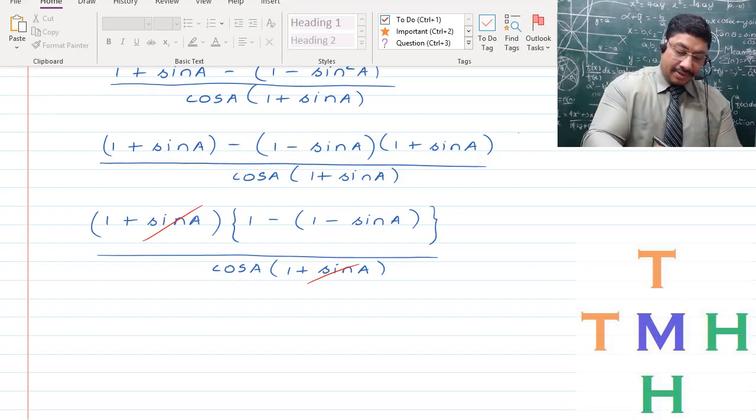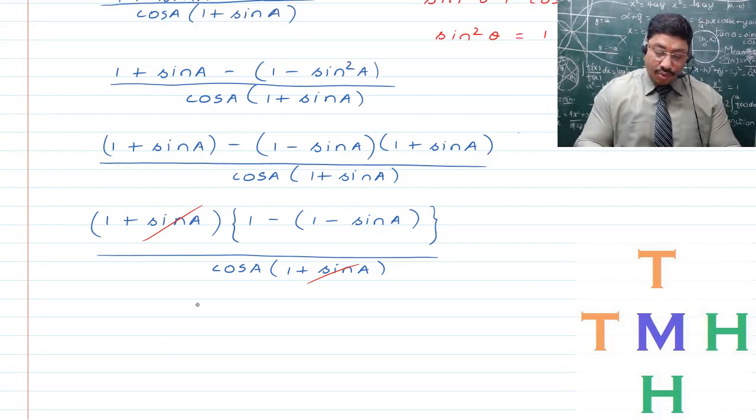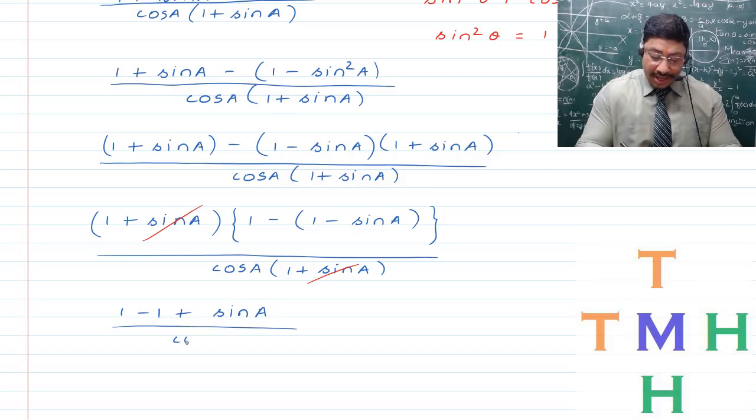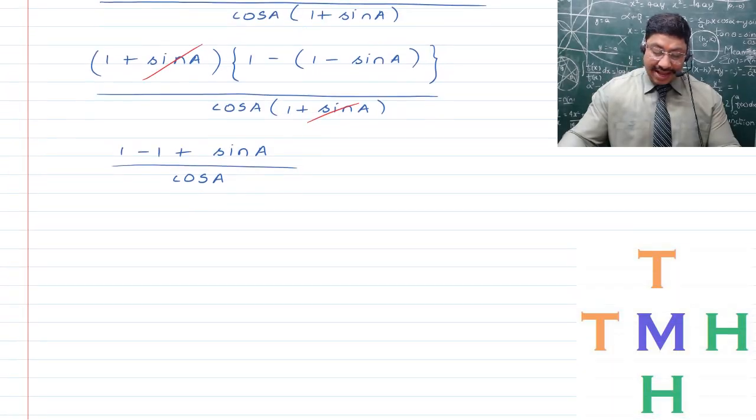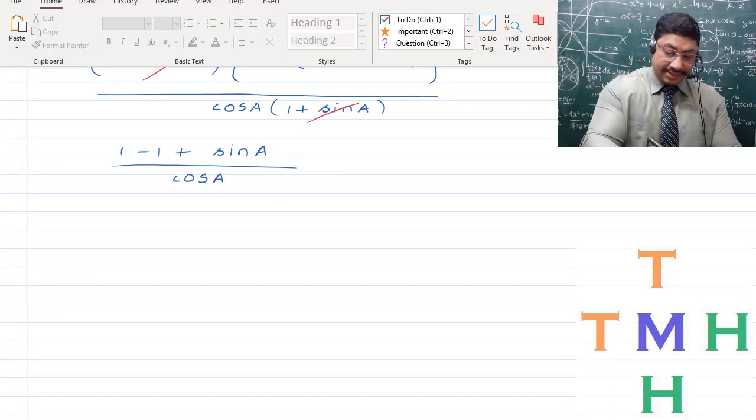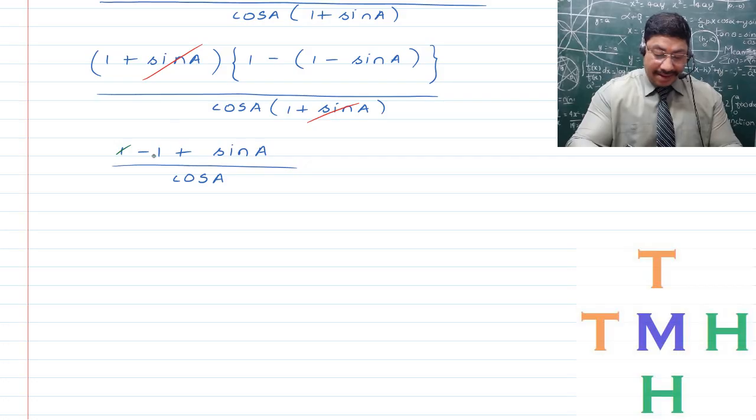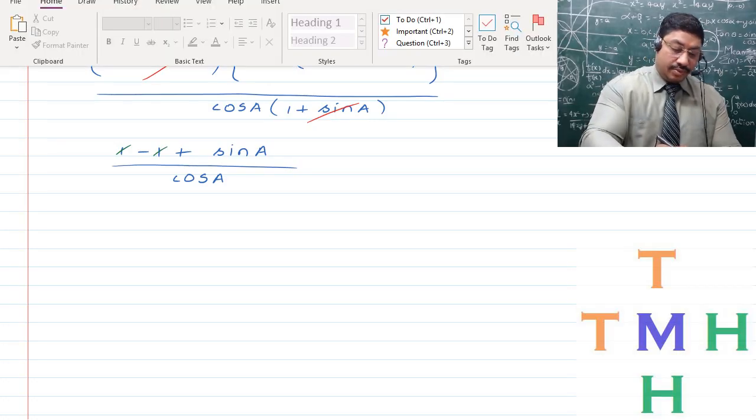Similarly, in the next step, we can even cancel off the ones, like we did in the last step, that is the left hand side. So we have 1 minus 1, and on multiplying the minus sign inside, we have minus minus plus sin A. That is all that is left in the numerator, and in the denominator we are left with cos A. Both of these ones will get cancelled, that is plus 1 and minus 1, as both of them are additive inverses of each other.